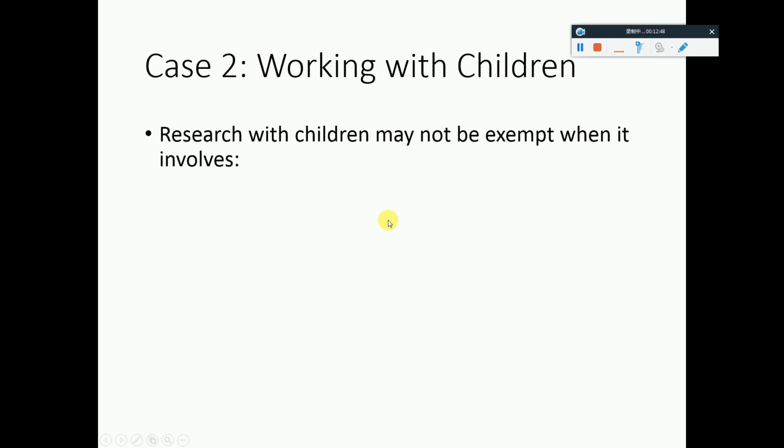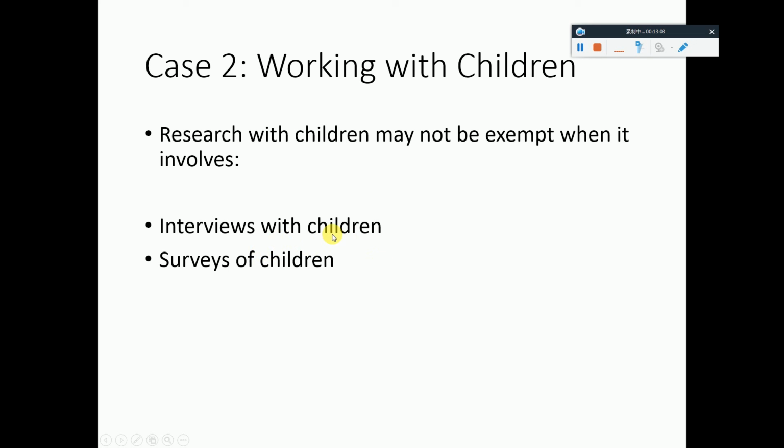But the following types of research will not be exempt, or may not be exempt, because they involve, for example, researchers interviewing children, asking children questions. That is, there are interactions with children, surveys of children.